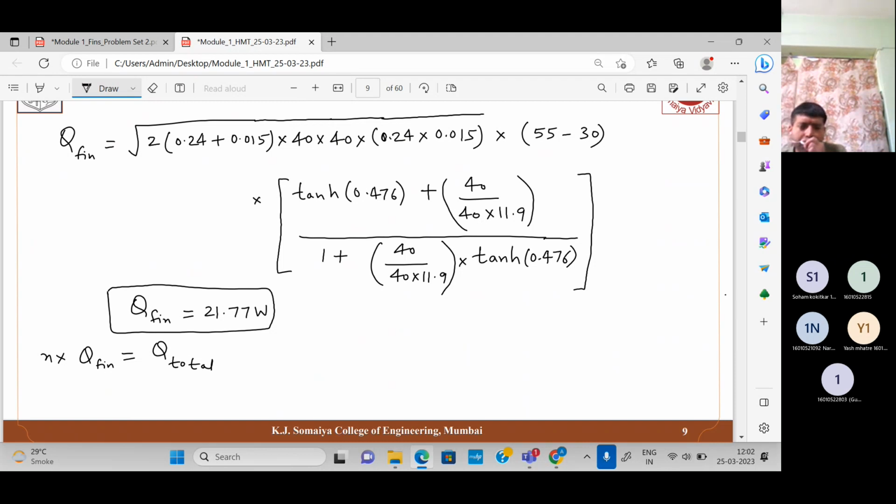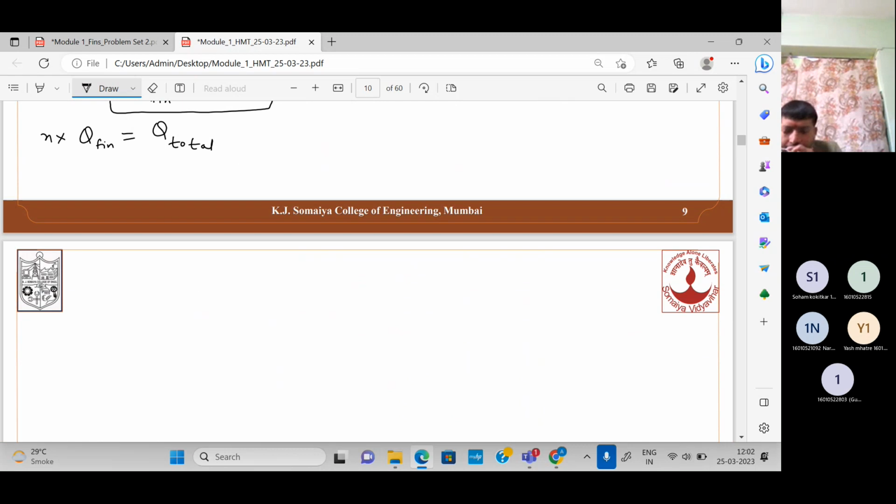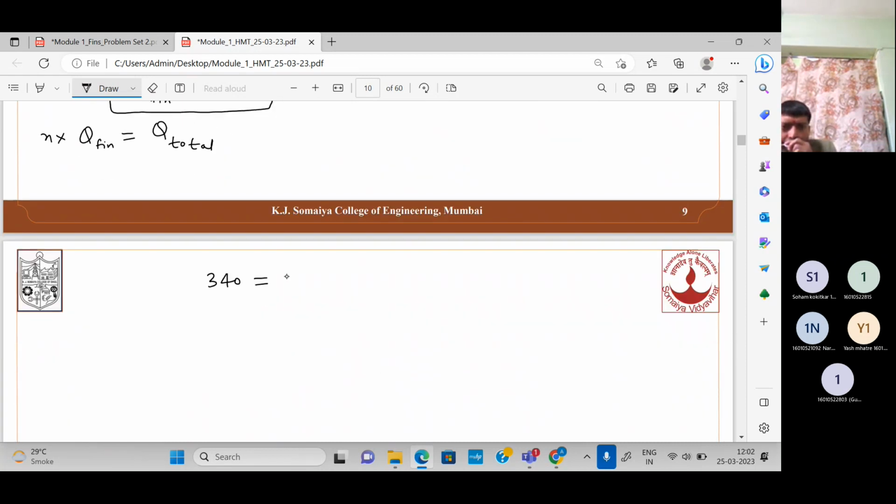So total heat dissipation is given as 340 watt and heat dissipation from a single fin is 21.77. Therefore, number of fins is equal to 340 divided by 21.77. Let's calculate.